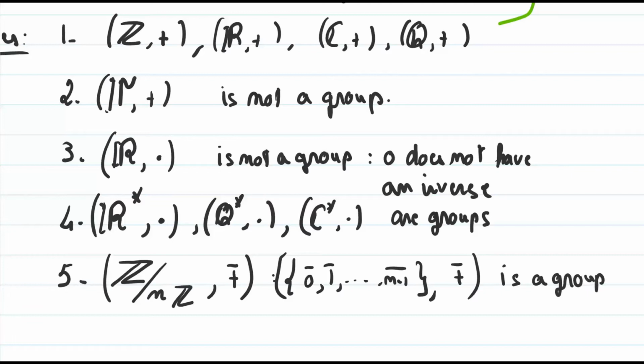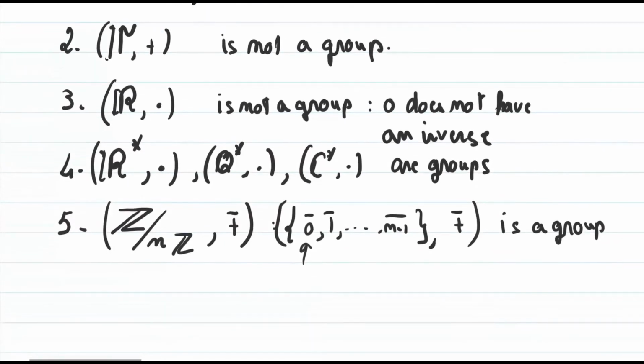It's a group which has n elements for every n, so I can find a group which has exactly n elements. The associativity holds because it holds for the plus in Z, and you have this compatibility. The neutral element is 0 bar. The operation is well defined, and every element has an inverse. Like the inverse of 1 bar is n minus 1 bar, the inverse of 2 bar is n minus 2 bar, etc.